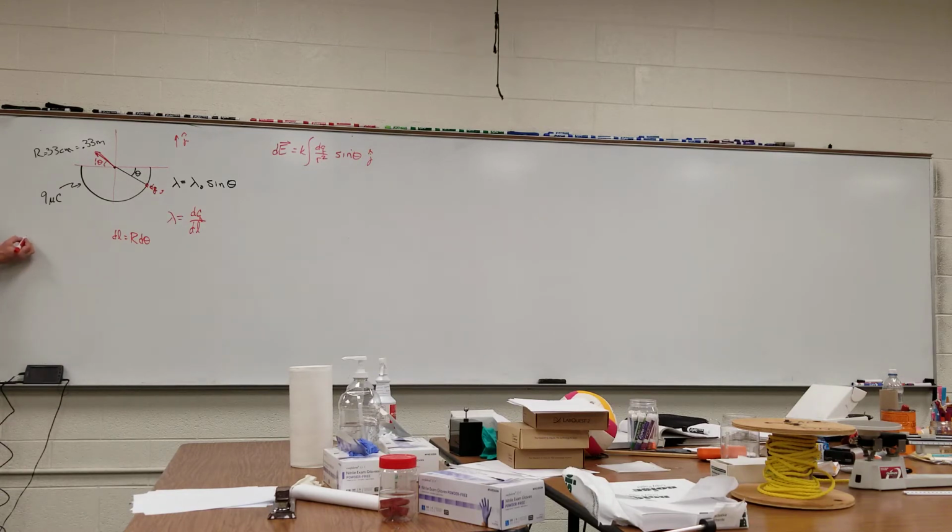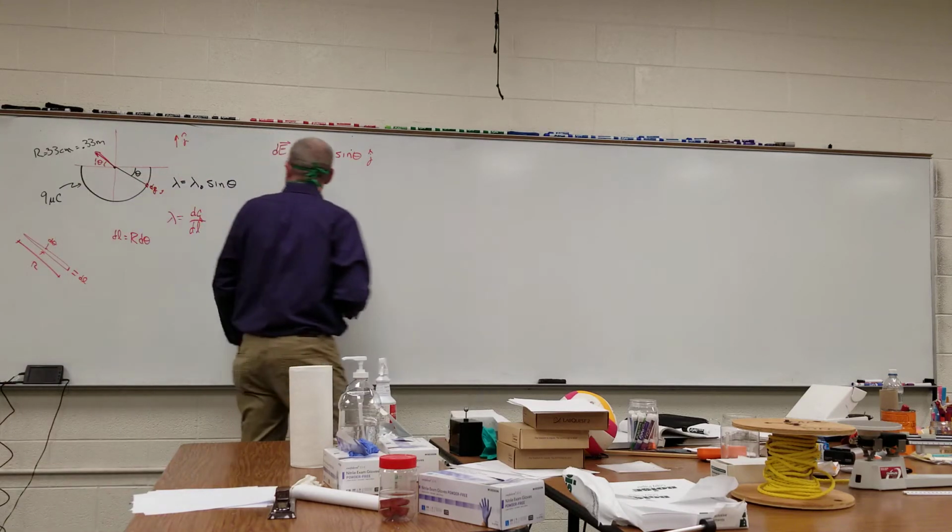Because if you imagine we have that tiny little bit of wedge right there, where this is some infinitesimal change in theta, d theta, that distance there is r, and that's just our arc length, which I've labeled as dl.